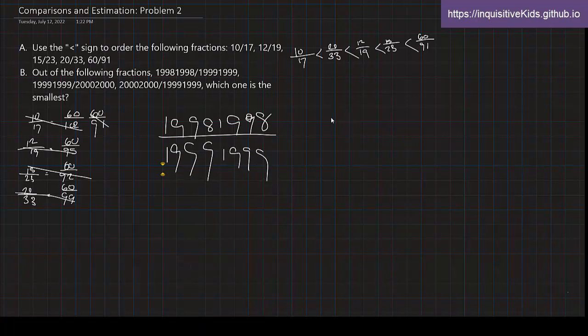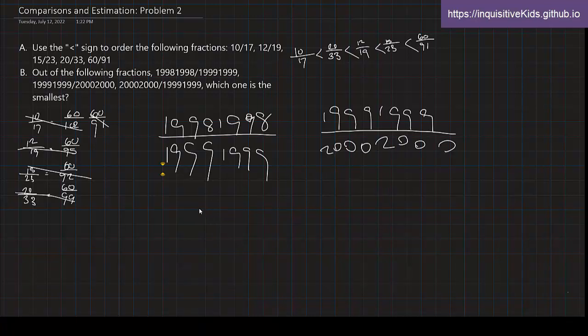Next, we have 1999 over 2000. Finally, this last fraction right here would be the following: 2000, as you guessed, and it's probably over 2001. There was a typo when we made this problem.